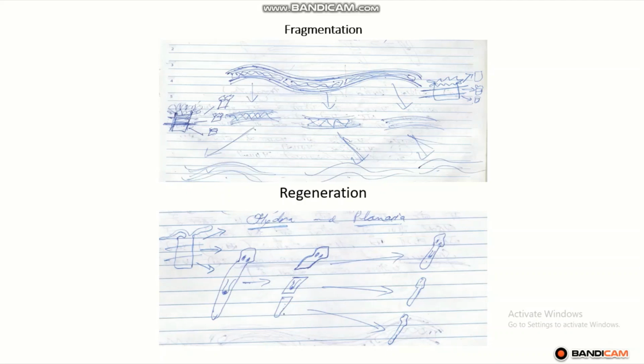See, whenever it splits its part from here or here, then it will become 1, 2, 3. So when its body splits into 3 pieces, all these 3 pieces never die. Each piece will become a complete Spirogyra.